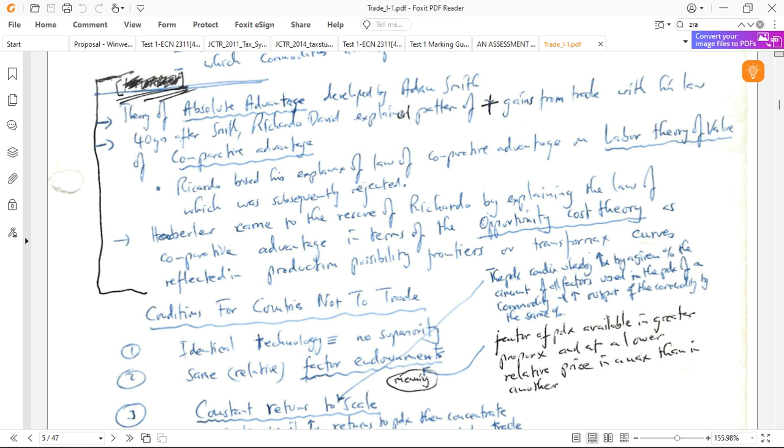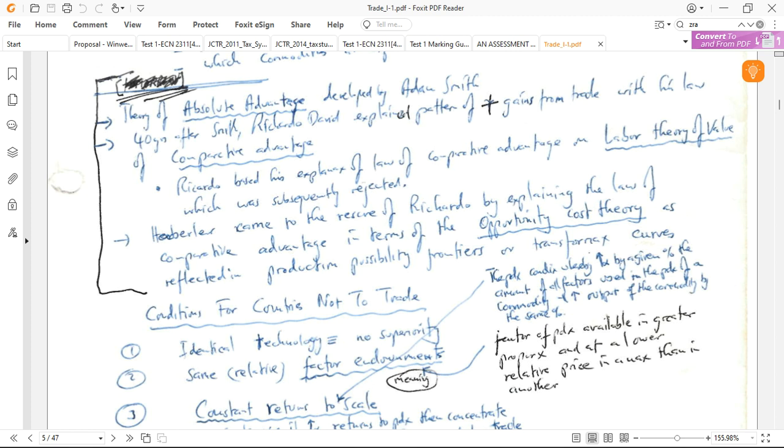So some other guy had to come in and refine Ricardo's work, where, according to him, using the same concept of competitive advantage, he only added opportunity cost.